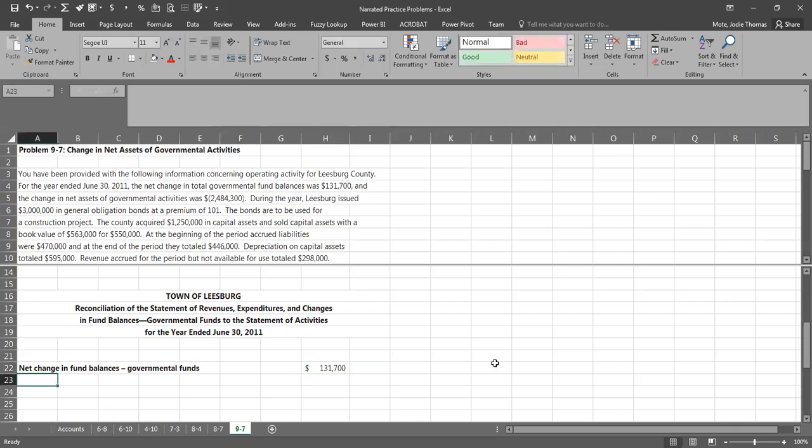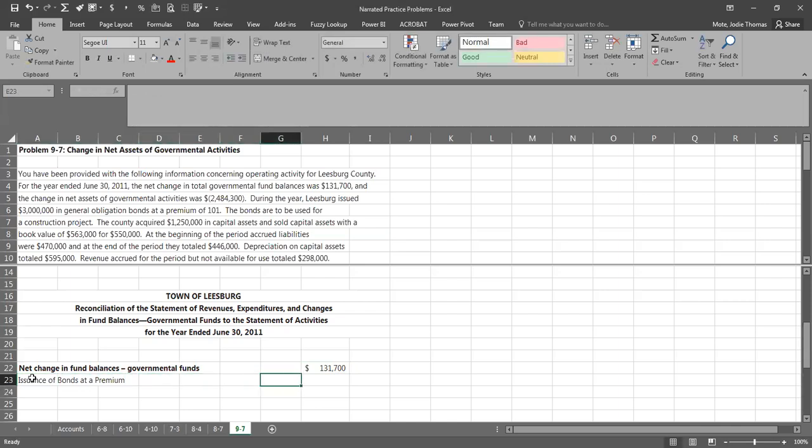Here we go. The first thing that we should notice: issuance of bonds, issued at a premium of 101. That's going to be recognized as revenue on the governmental fund side, so we need to back that out because it's in this number as revenue. So let's do this: issuance of bonds at a premium.